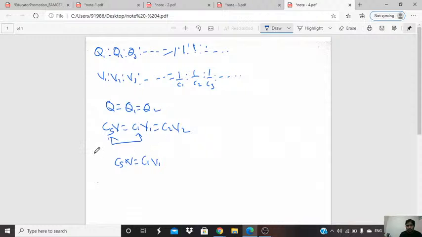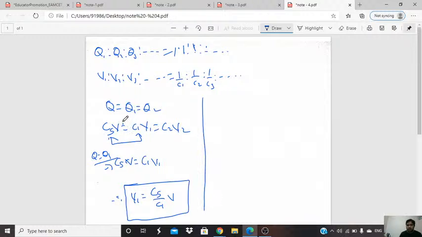Q equal to Q1 you can take, therefore V1 equal to Cs by C1 into V, right?